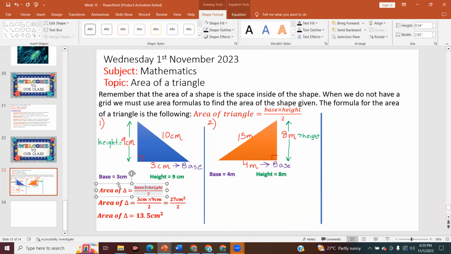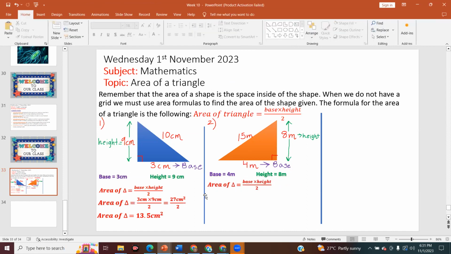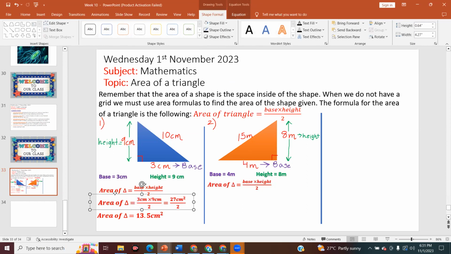All right, so since that's the case, if you think that you know what the area of the triangle is going to be, put your answer inside the chat. For those of us who are working it together, let's do it together. So the base is 4 meters, not centimeters, and the height is 8 meters, not centimeters.